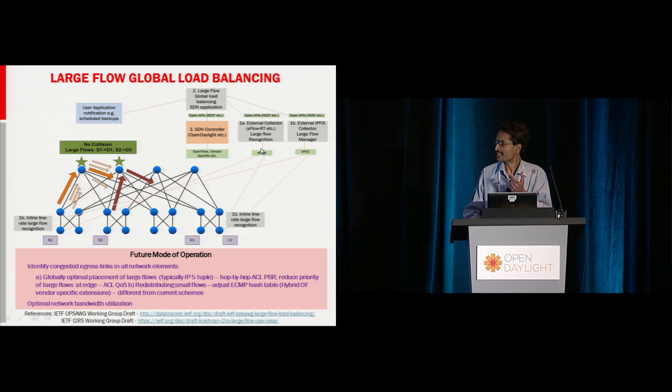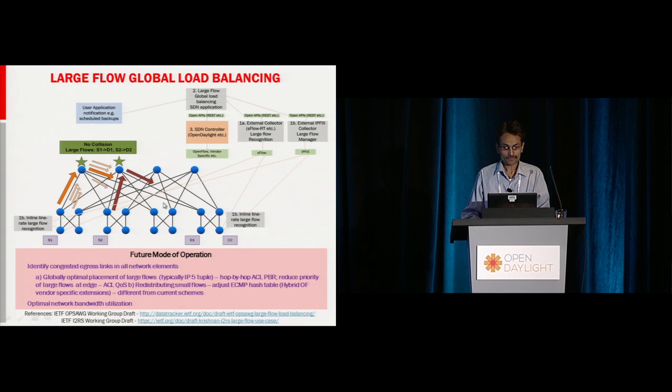The external sFlow-RT would be doing the large flow recognition, and then feeding the global load balancing application, which would identify congested links in all network nodes, not just a single network node. And here this would do globally optimal placement of large flows, typically by adding a hop-by-hop PBR rule. So you'll add a PBR rule in each node to steer, for example, it's added here to steer the large flow across a specific set of nodes.